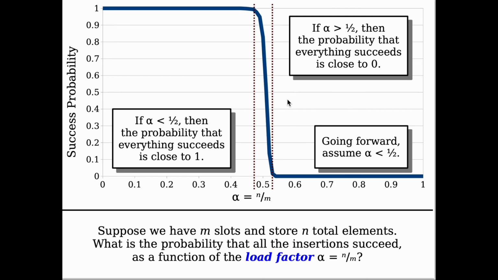So, given that we have this plot, we can always allocate a hash table na ang load factor is always less than 1/2. Okay, so if we expect 10,000 elements in our hash table, then we need to allocate 20,000, parang ganun, or more.